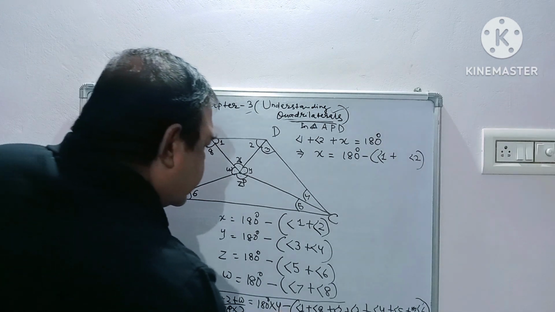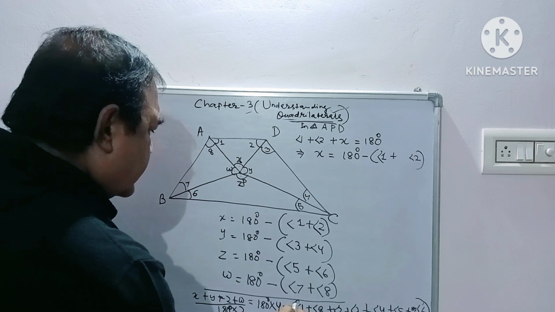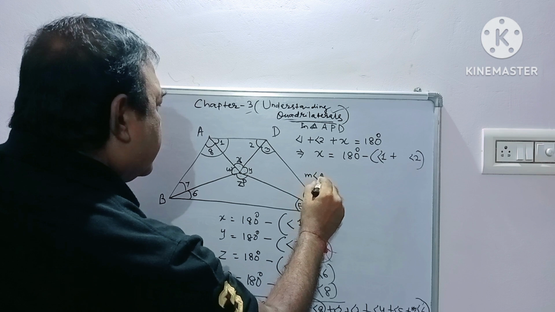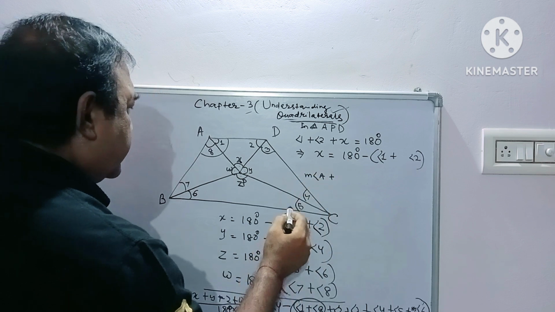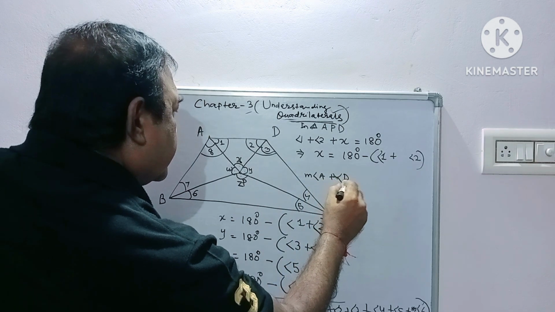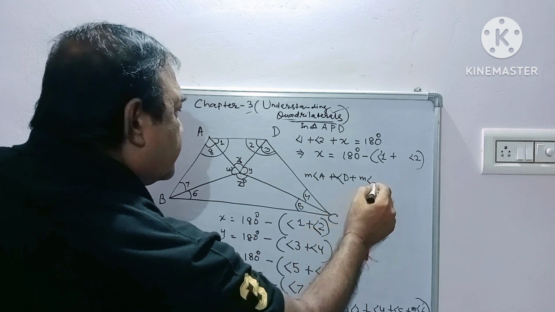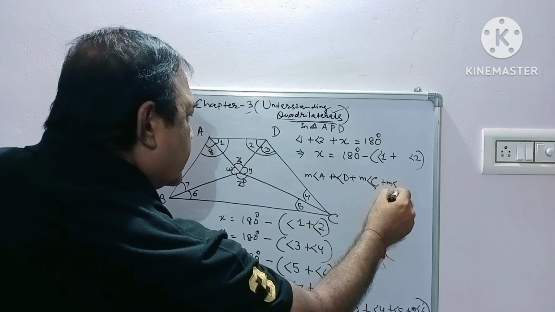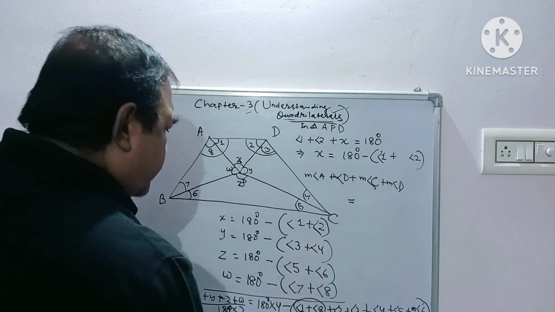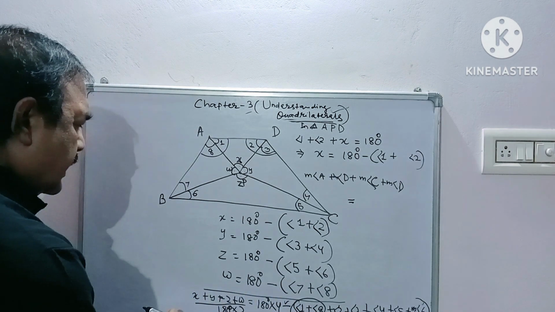So by transposing this, I can write here, you see, angle 1 plus angle 8, that is measure of angle A, plus 2 plus 3, that is D, plus angle 4 plus 5, that is C, plus D, that is equal to, that means we transposed to the left hand side, so it was minus and it will be plus in the left hand side.